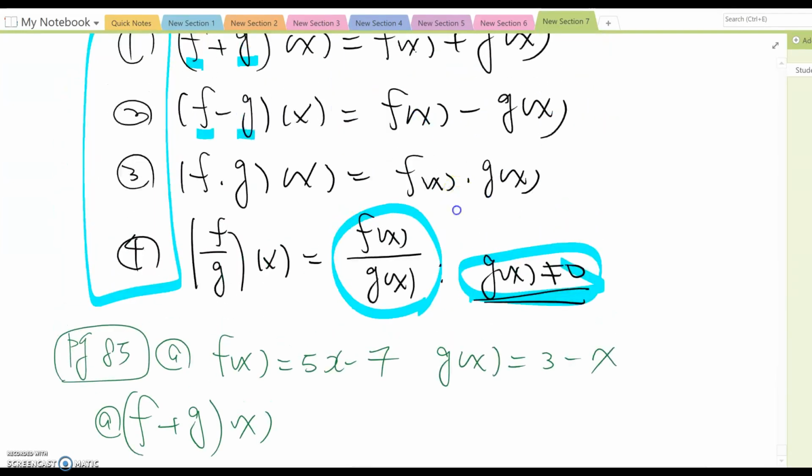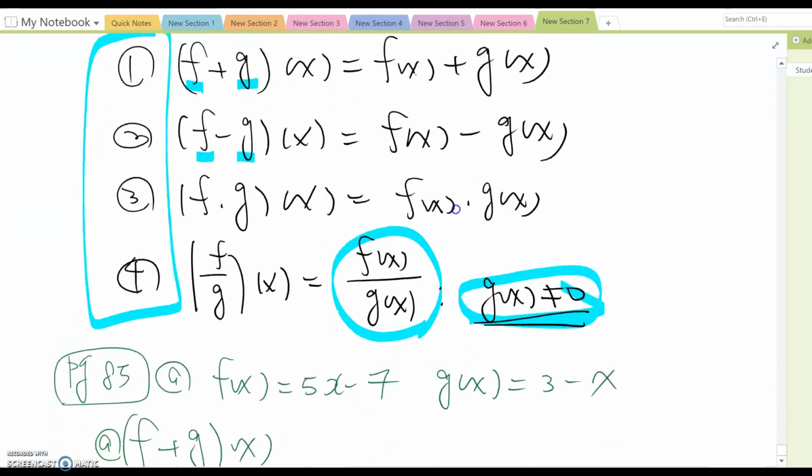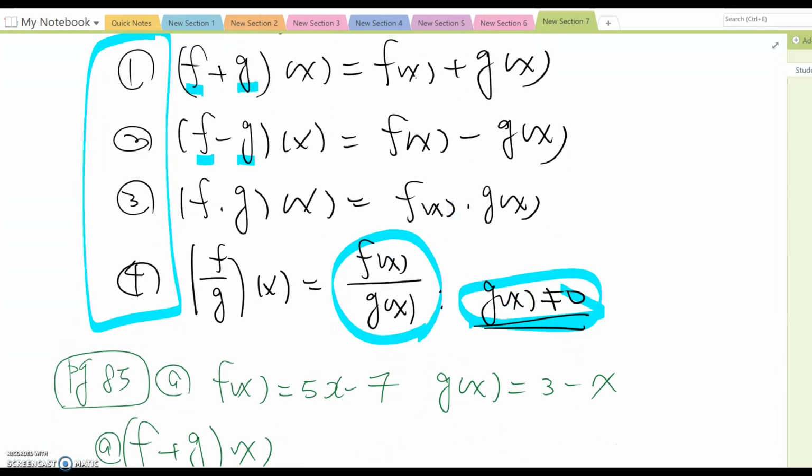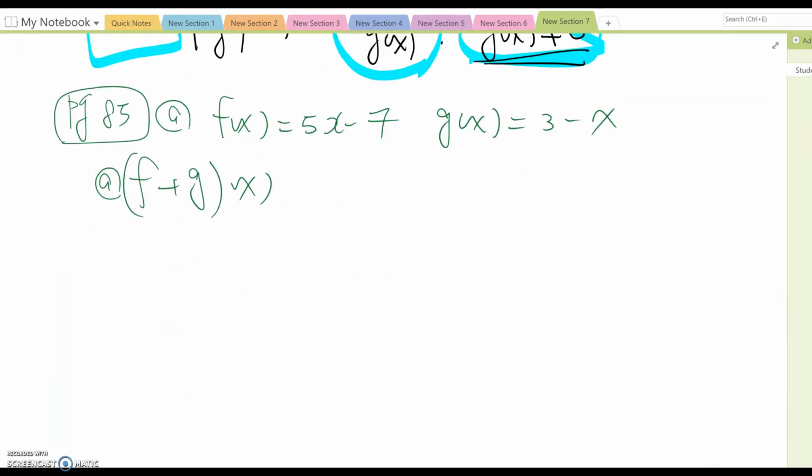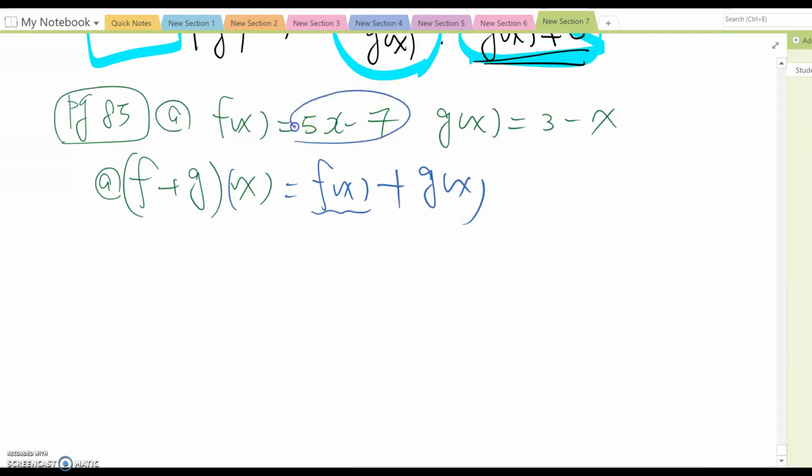From the property here, f plus g means we just combine these two functions. Therefore you can rewrite this as f(x) plus g(x). Then what is f(x) here? Yes, f(x) is this one, and g(x) is this one.